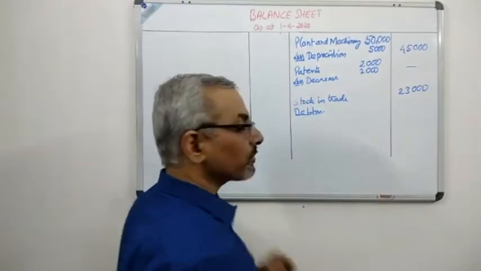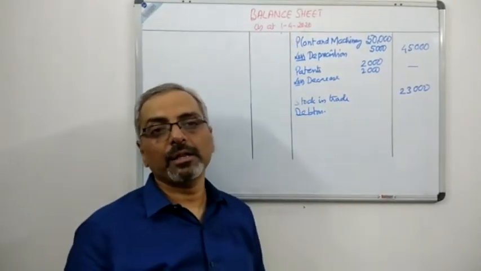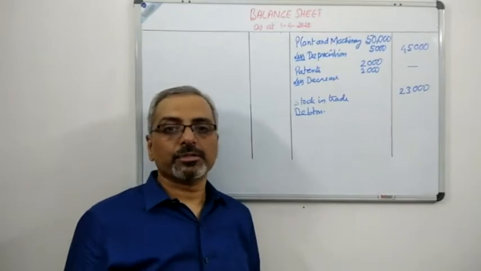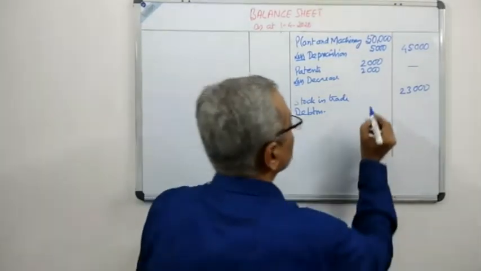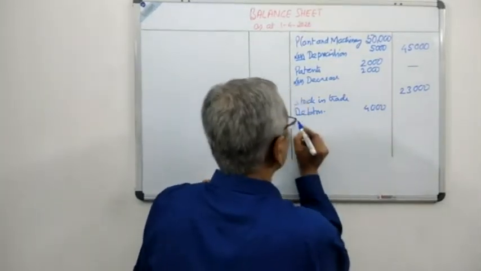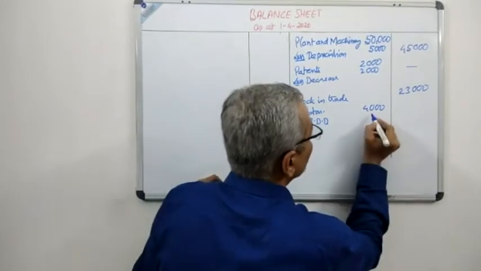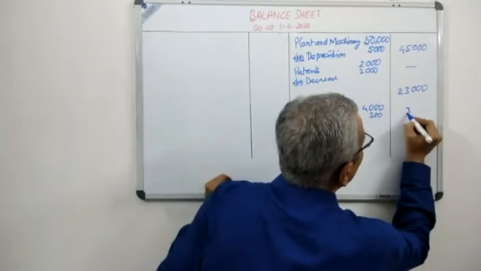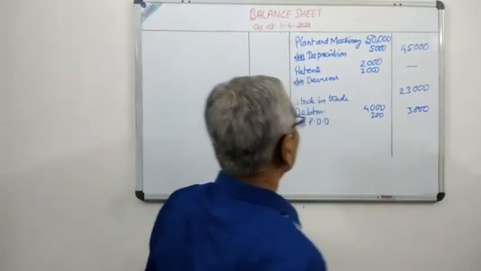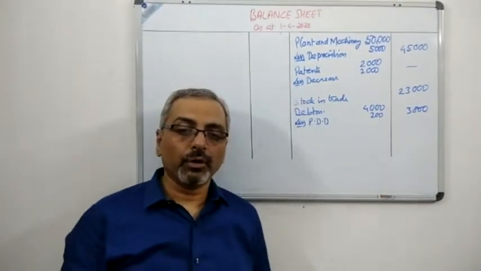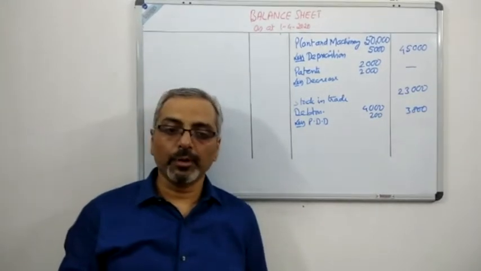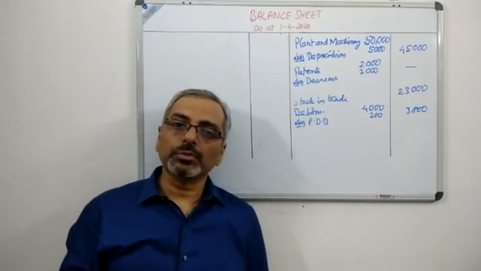Next one, we have debtors. If you remember, there was a 5% provision created and the value of debtors was 4,000. 5% of 4,000 is 200. So debtors 4,000 less provision for doubtful debts 200. So outer column figure 3,800. Apart from this, there was also cash, if you remember, 1,000, which was used for the payment.